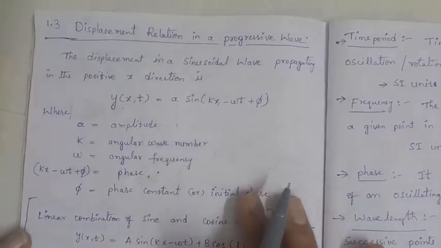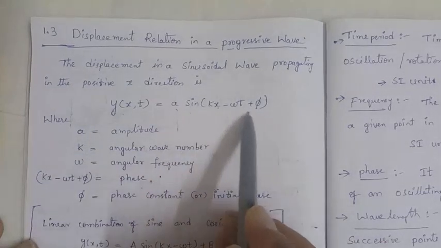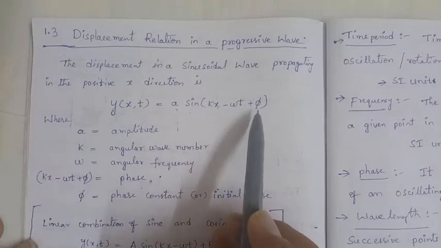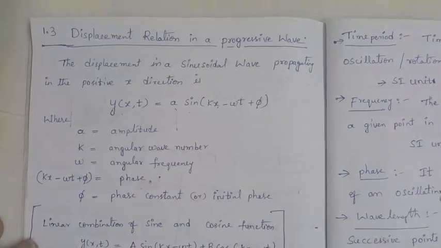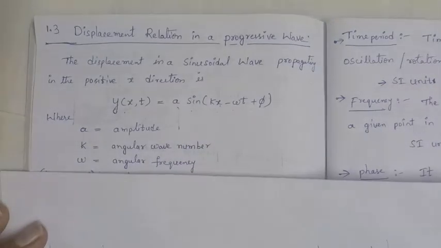So in this equation, what does a mean? Amplitude. And the sine of this complete term is taken of an angle; here it is also an angle. If k means, you have to remember the terms, k means 2 pi by lambda.